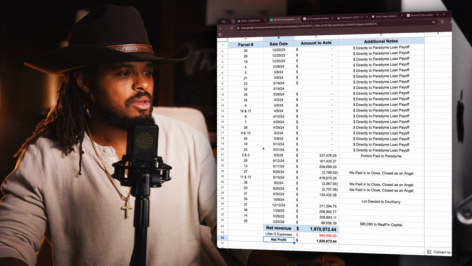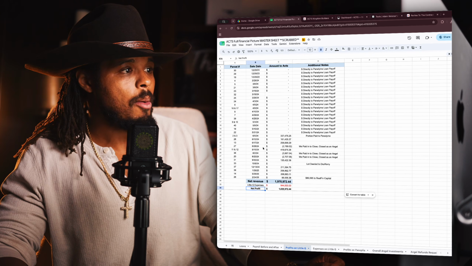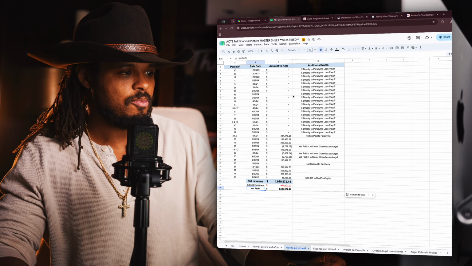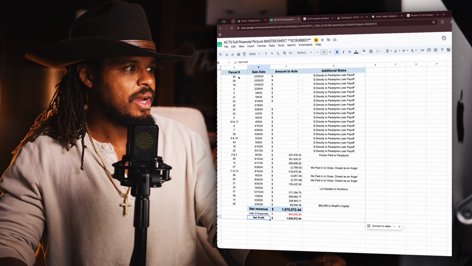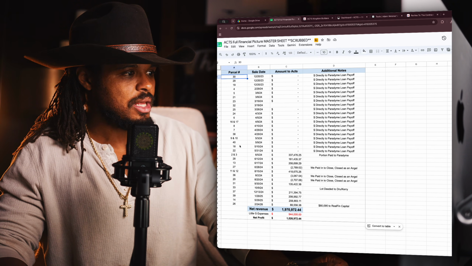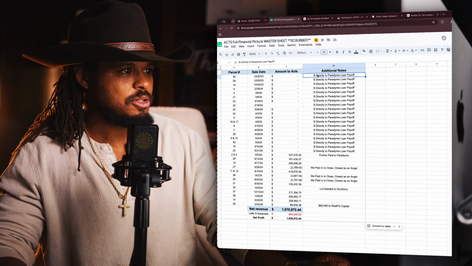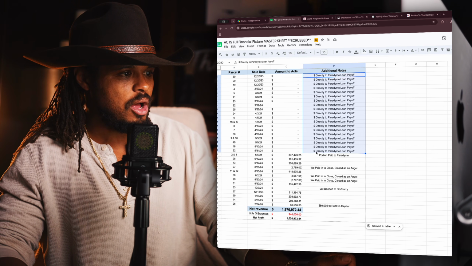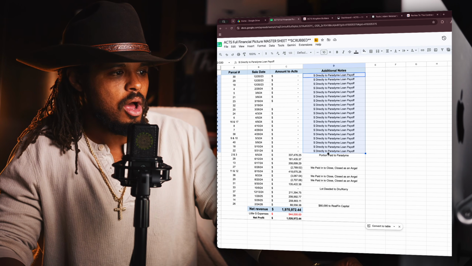So now let's talk about how our properties actually work in terms of earning a profit. This is Little G Ranch. You can see here the actual parcels that we sold, in what order, and what happened to them. So you can see that the first properties that we sold off, the money went directly to Paradigm, the lender, to pay off the loan.